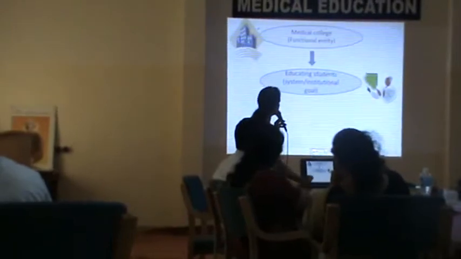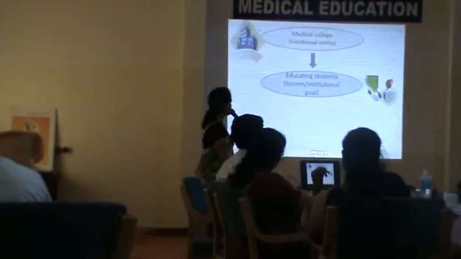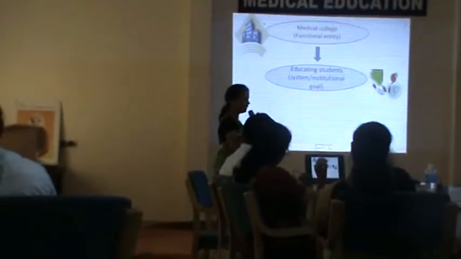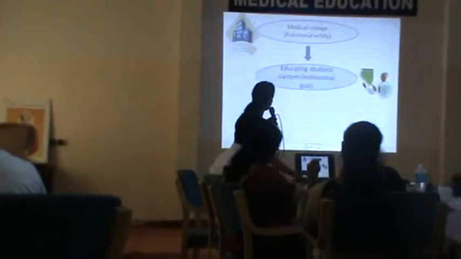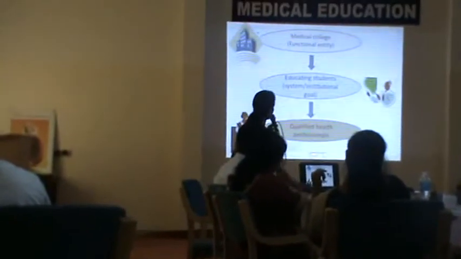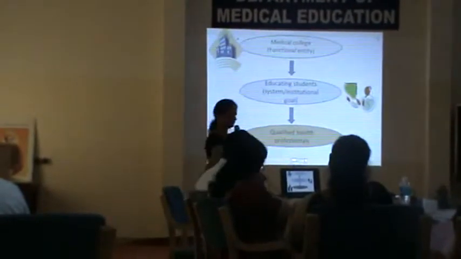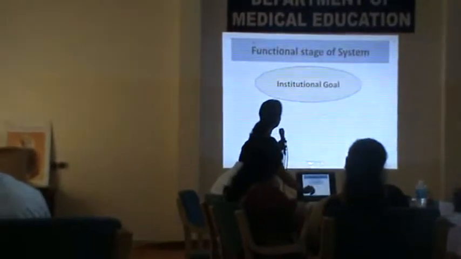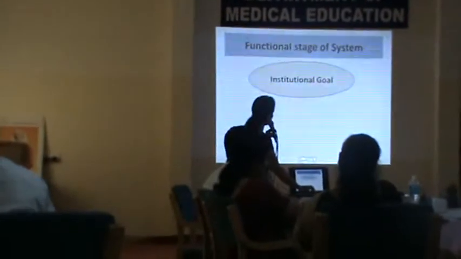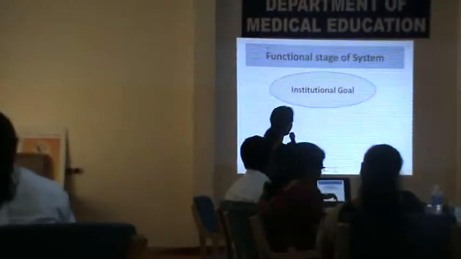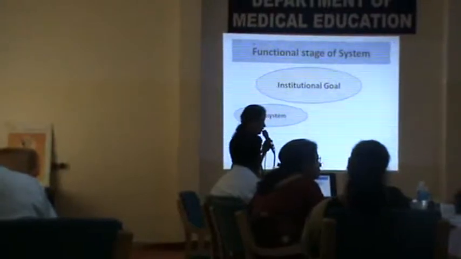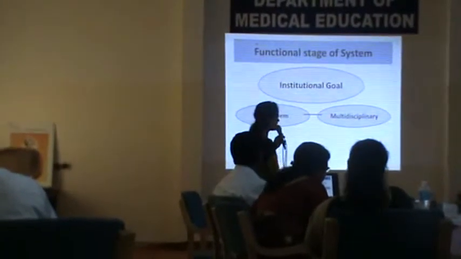So a medical college is a functional unit. The institutional goal is educating students, and what is expected is a qualified health professional. So the functional stage of the system depends on the institutional goal. Then we have the subsystems.